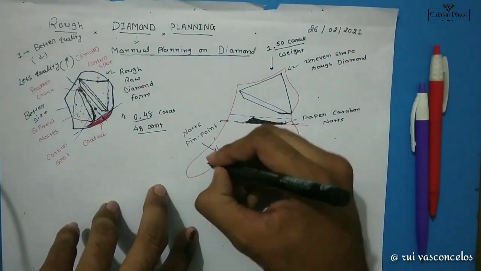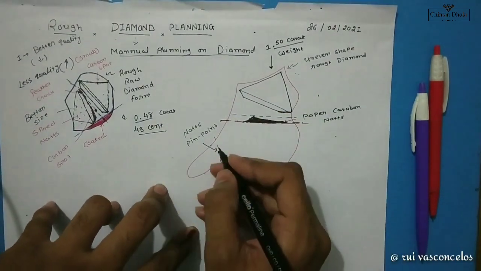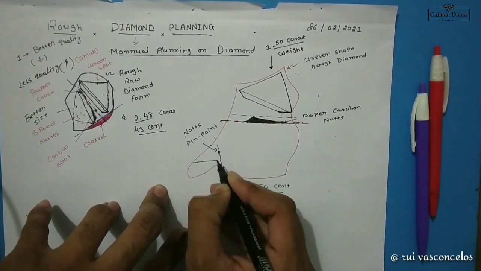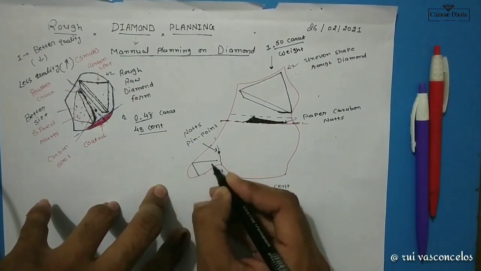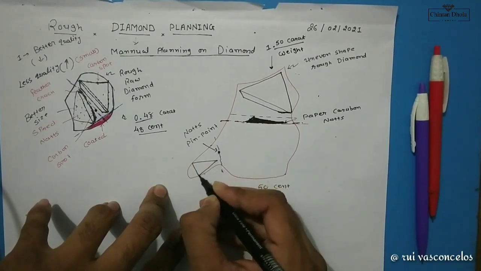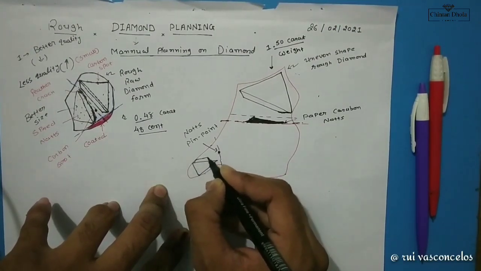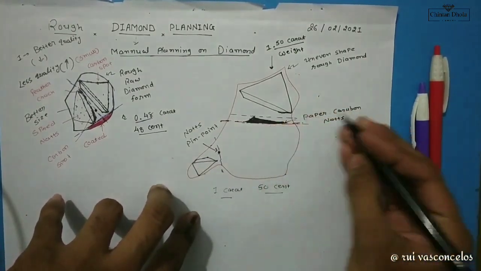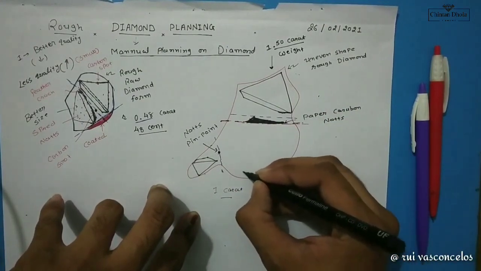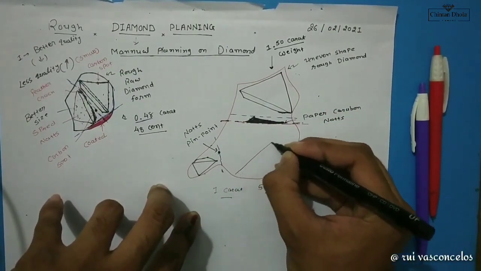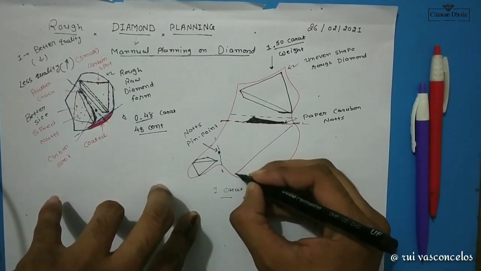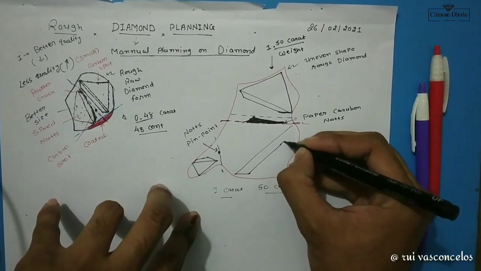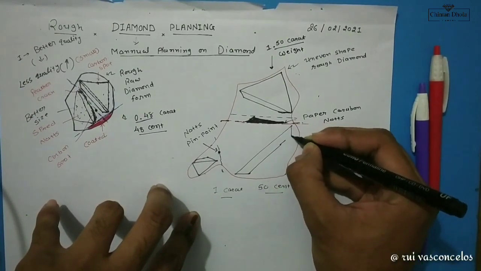Okay, after that, in this particular diamond, the planning goes like this, like this. This is not exact but I will try to do it the exact way, like this. And another over here, how the diamond is going around here. Now here you can get maximum weightage over here, over here.